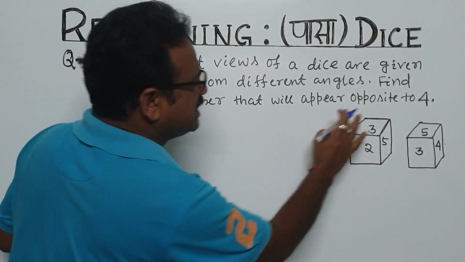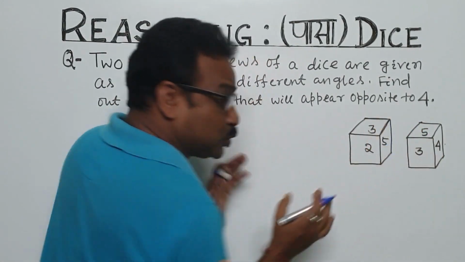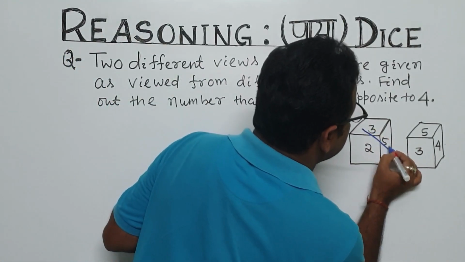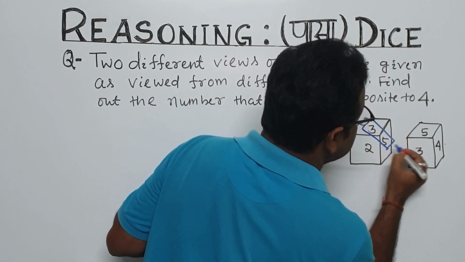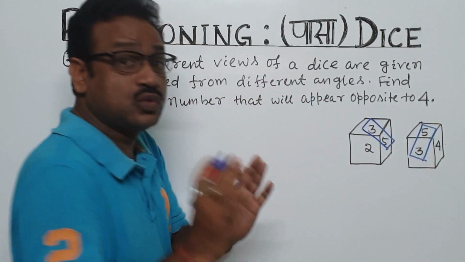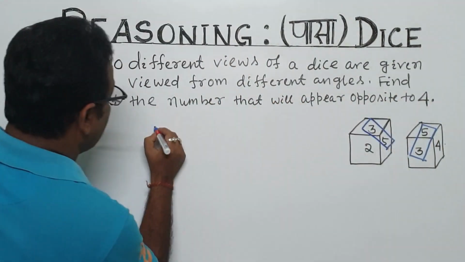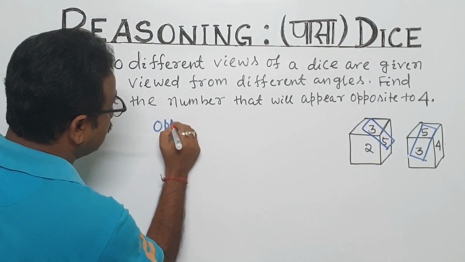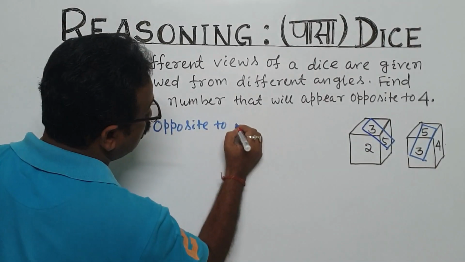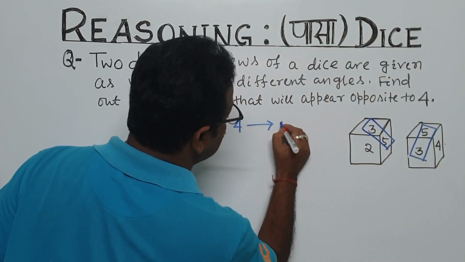Now is there anything common? Yes, 5 is common and 3 is common. When two numbers are common, 5 and 3, then the opposite to 4 is which one? 2.